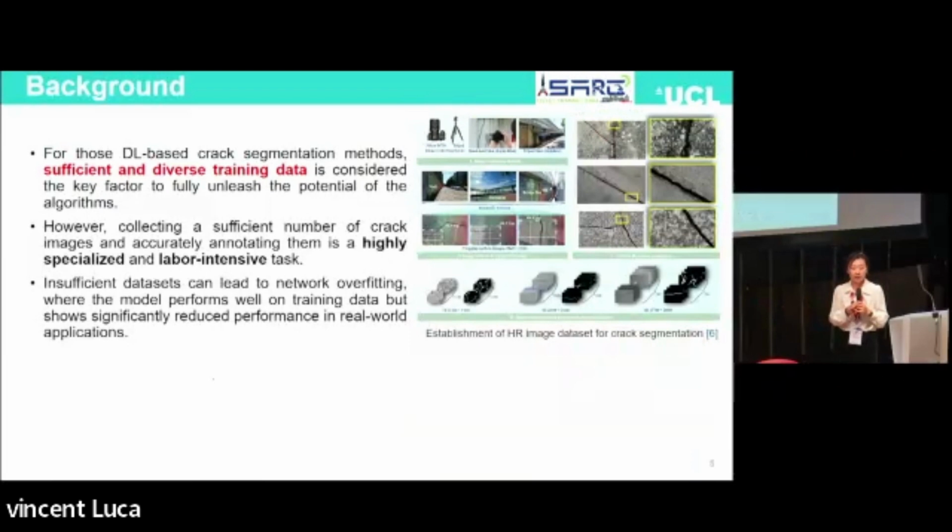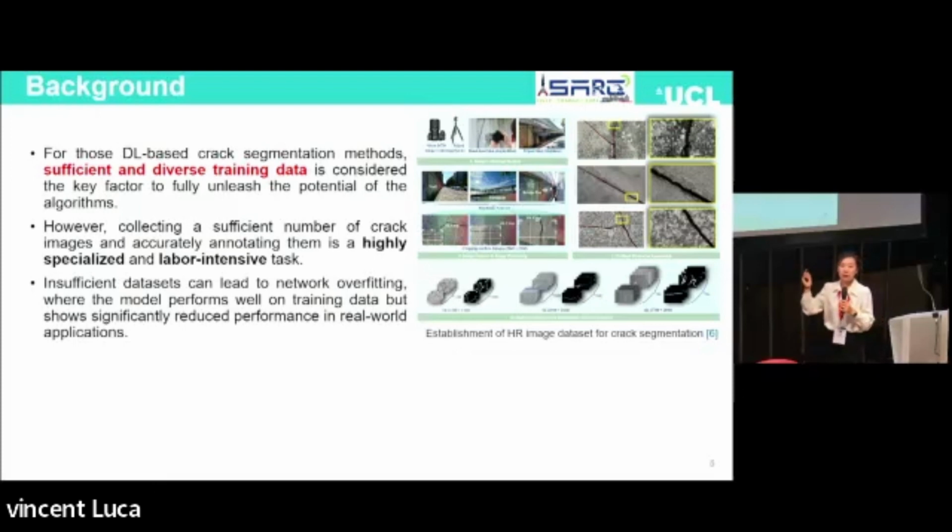But we know that for deep learning methods, we have to have sufficient and diverse training data; that is the key factor for the potential of this algorithm. However, it's not easy to get sufficient numbers of crack images because it's a highly specialized and labor-intensive task.